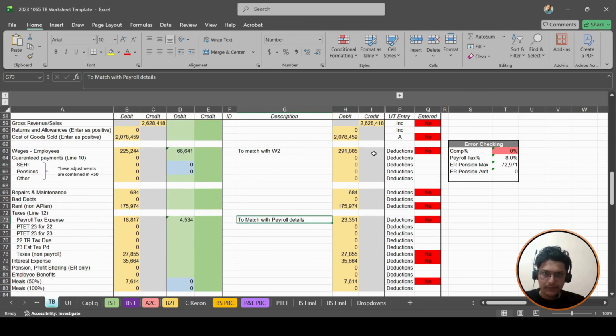Okay, these are two adjustments: 291,885 as per the W2 and this 23,351 to match with the payroll details.